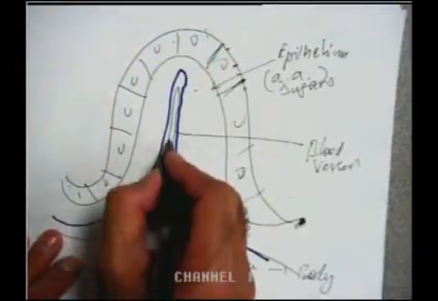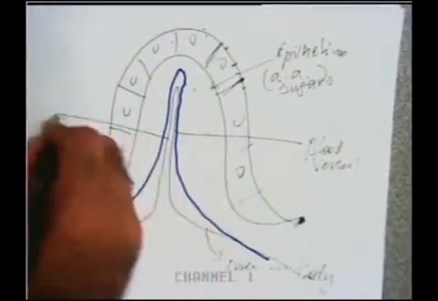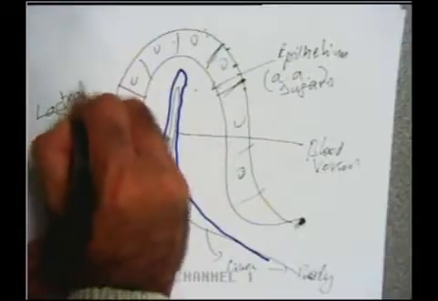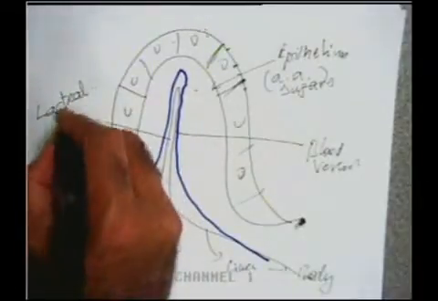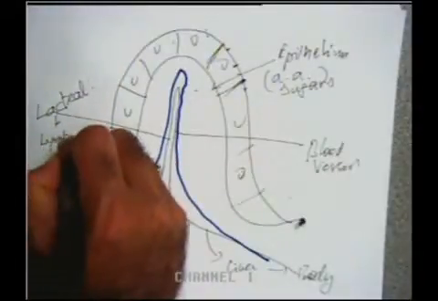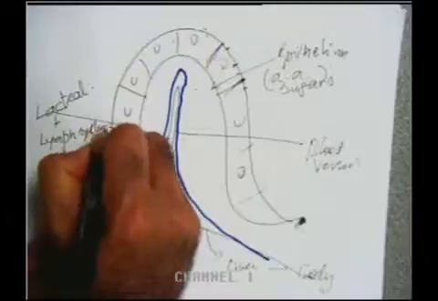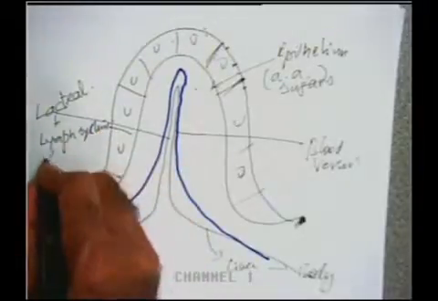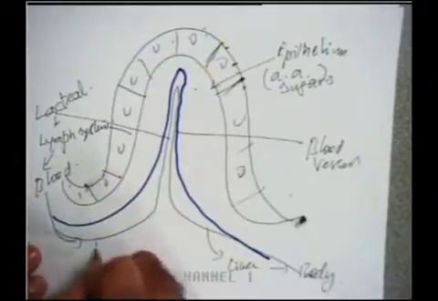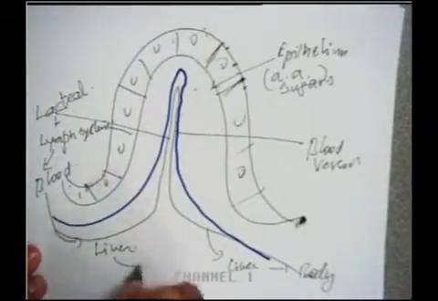The other one, the dark one, as I mentioned before, is the lacteal. This lacteal will act as a lymph system, and then it will go on to the blood, enter into the liver, and then to the whole body.